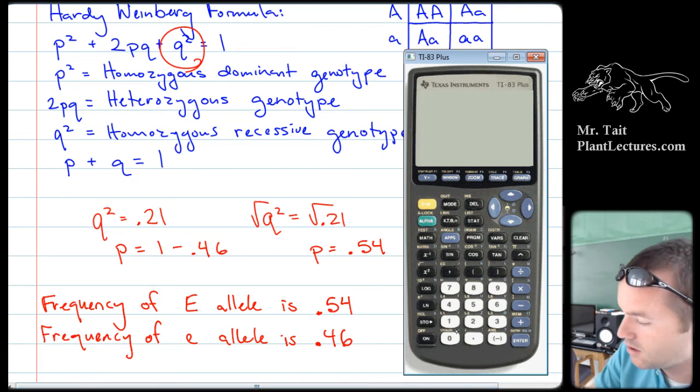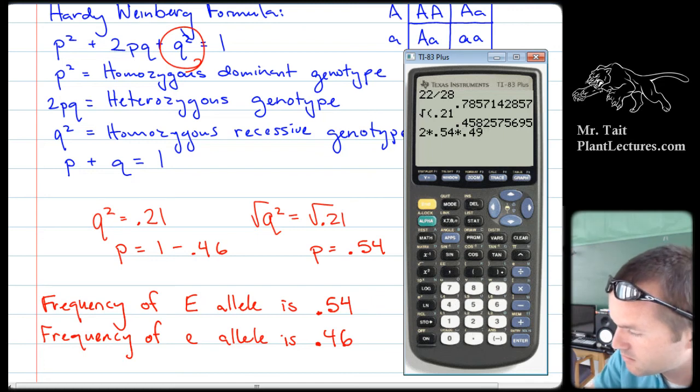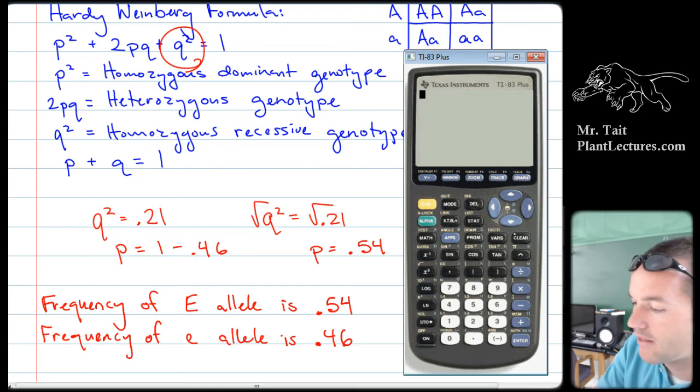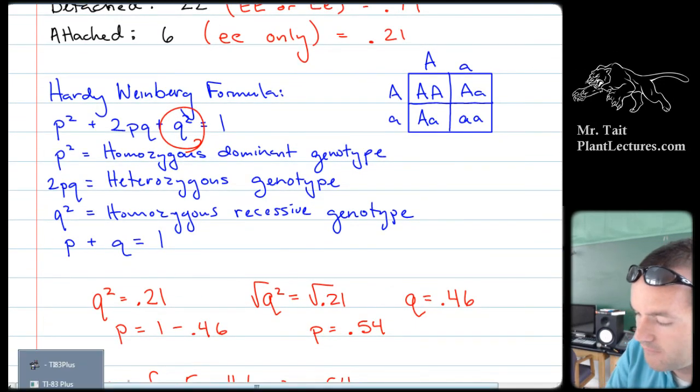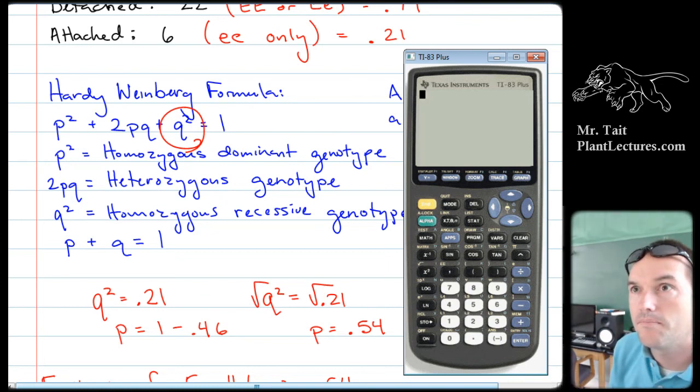Yep, you go 2 times 0.54 times 0.46, and we get basically half, right? So half of the class, which was 28 people, means 14 people in here are going to be heterozygous.